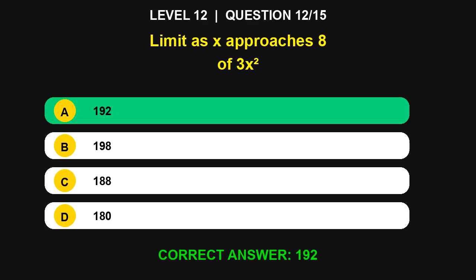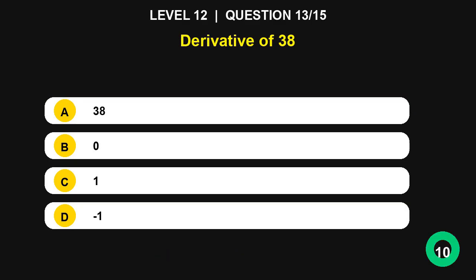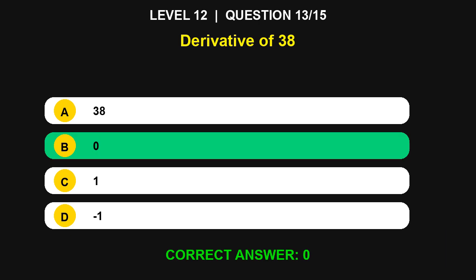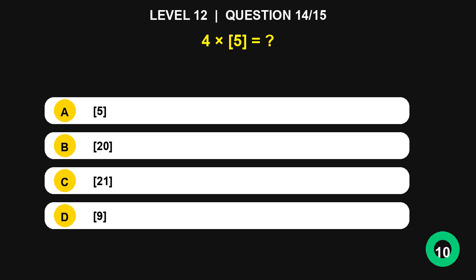Answer is 192. Derivative of 38? Answer is 0. 4 times 5 equals?